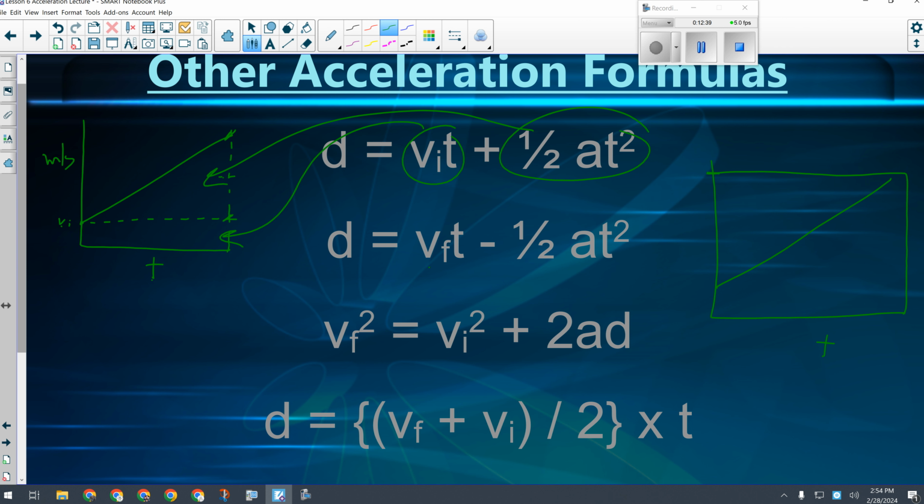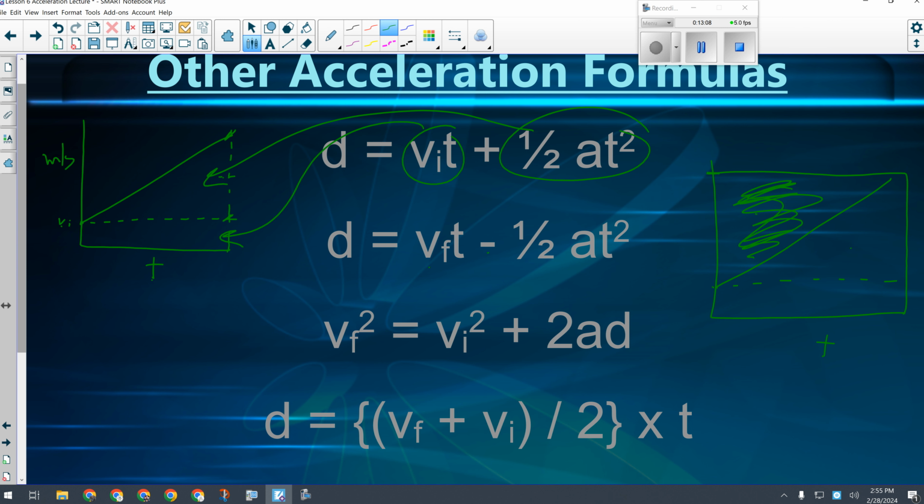Yes? All right. Then it subtracts 1/2 AT squared, which we said before calculates this triangle. Well, does it also calculate that triangle? They're the same, right? They're similar triangles. So if I calculate this box and then I subtract this triangle, am I left with the same area that the other formula calculated?